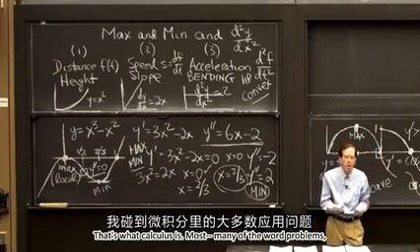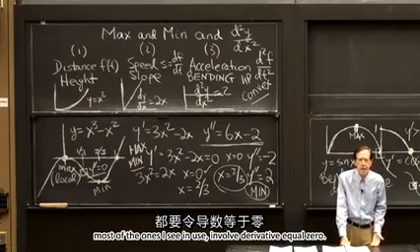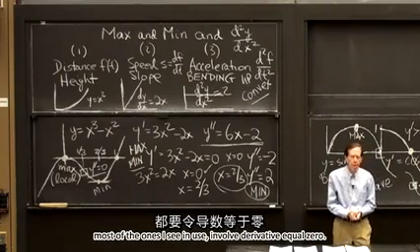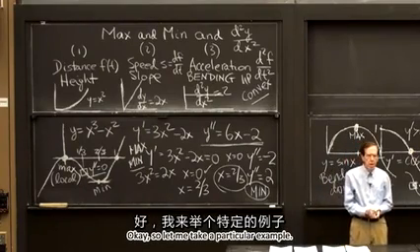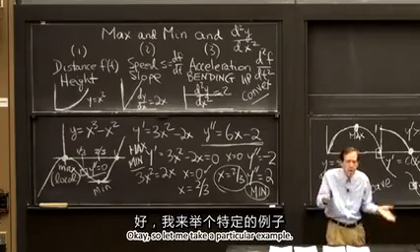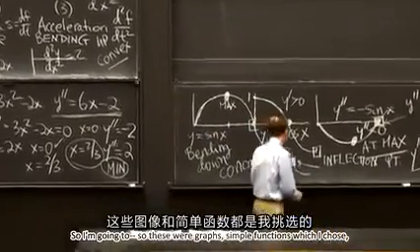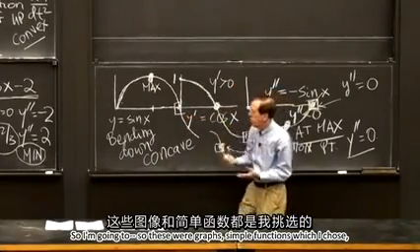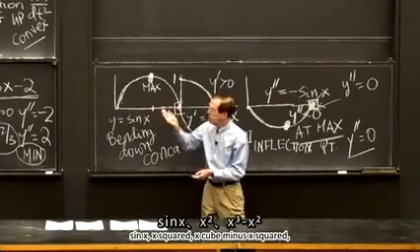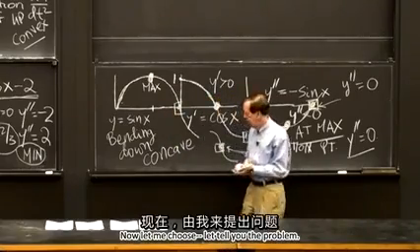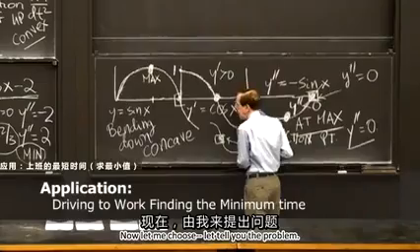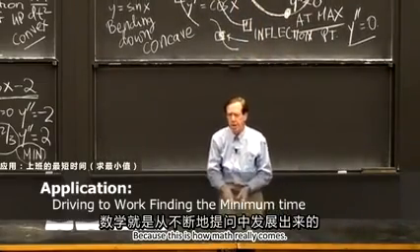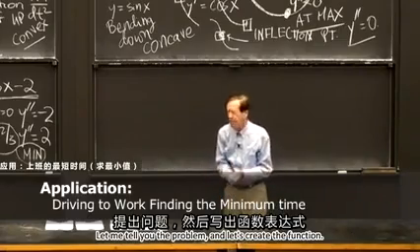Many of the word problems, most of the ones I see in use, involve derivative equals 0. Okay, so let me take a particular example. So these were graphed simple functions which I chose: sine x, x squared, x cubed minus x squared. Now let me tell you the problem, because this is how math really comes. Let me tell you the problem, and let's create the function.